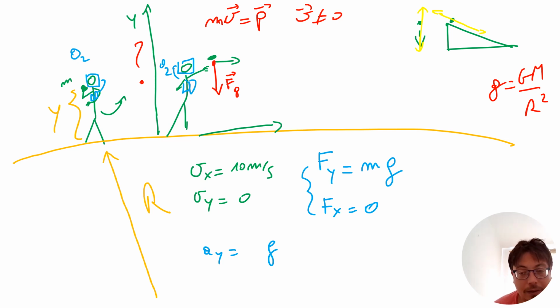In this case it's the same, so the acceleration on the y-axis is g, and the acceleration on the x-axis is 0.